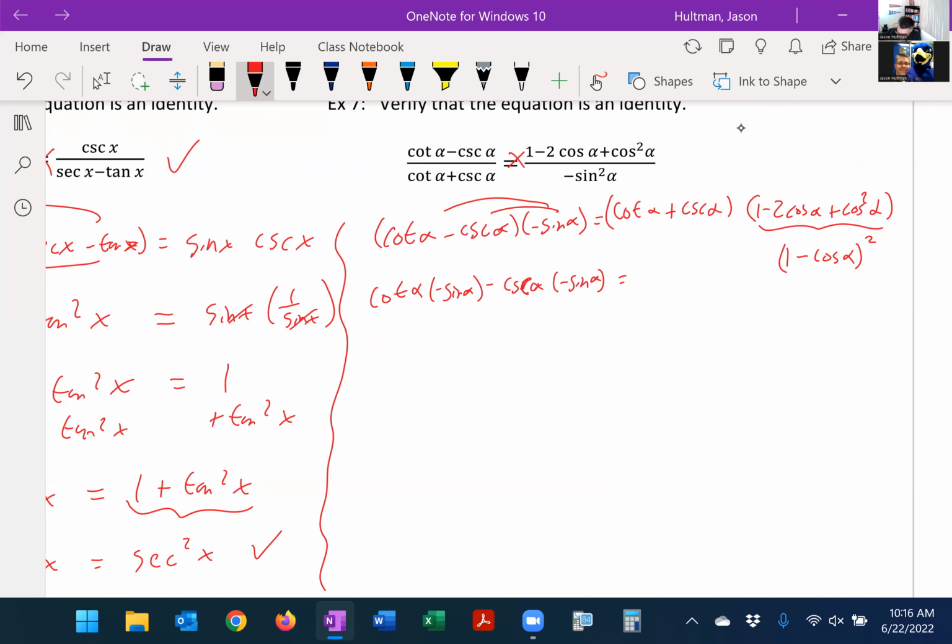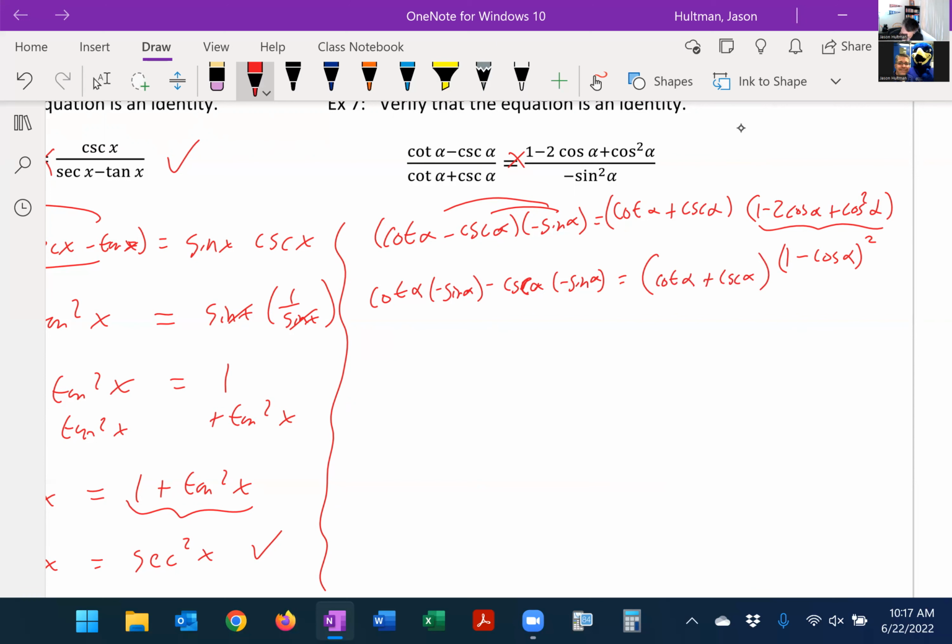So that's an interesting thing. Or 1 minus cosine alpha times 1 minus cosine alpha. And then I'll just keep this cotangent alpha plus cosecant alpha on that side.